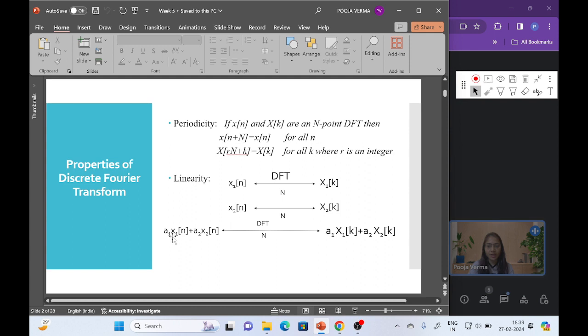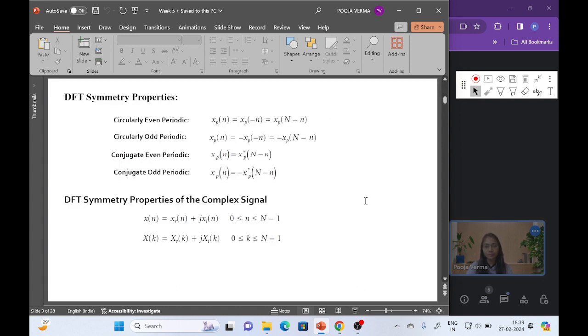Where a1 and a2 are constants, if a1 is multiplied by x1 of n and a2 is multiplied by x2 of n, then what will be the N-point DFT of this sequence? It is a1 X1 of k plus a2 X2 of k, where X1 of k and X2 of k are the N-point DFTs of sequences x1 of n and x2 of n.